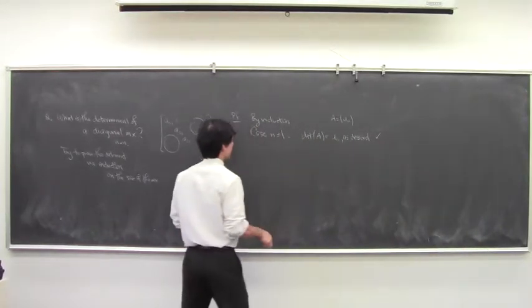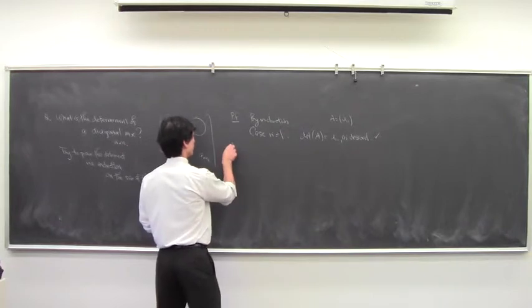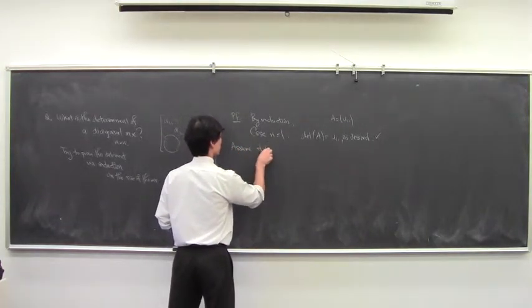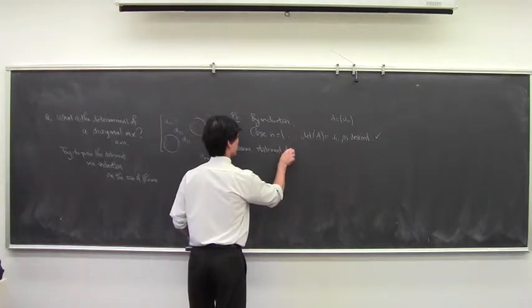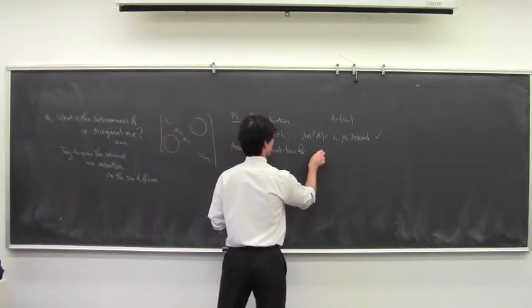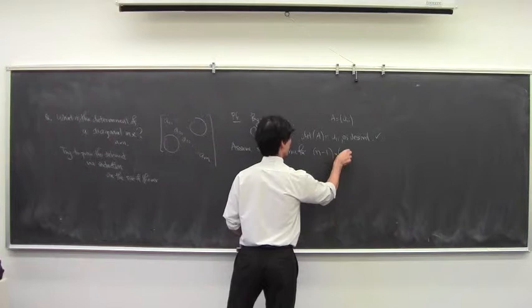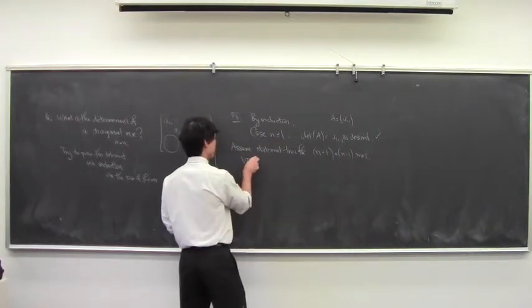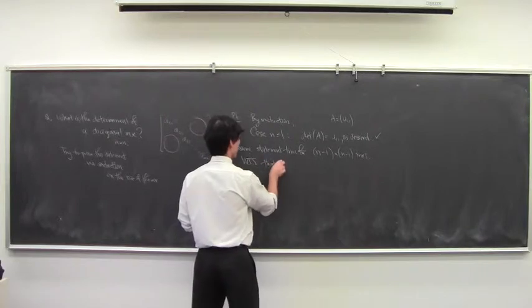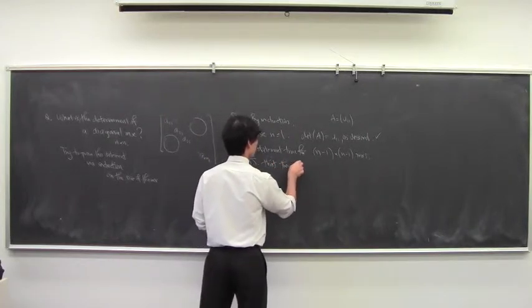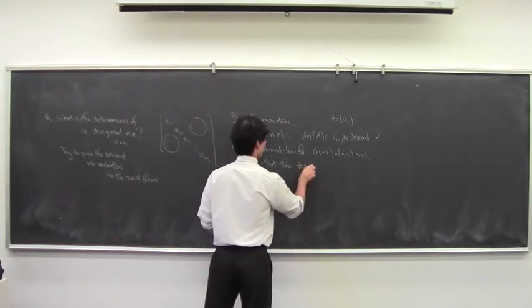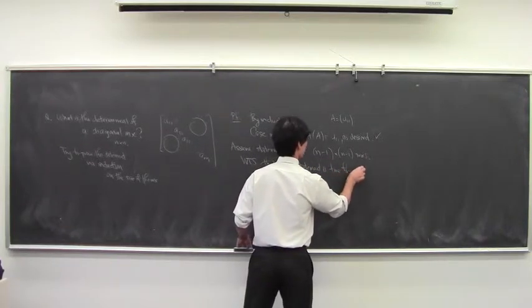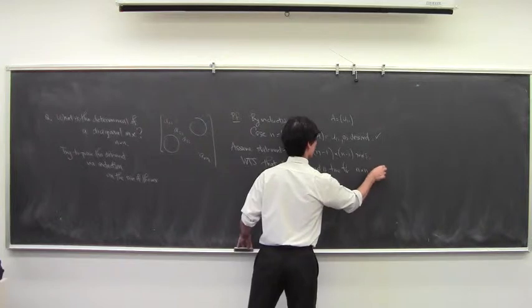Okay. So then, assume the statement is true for n minus 1 by n minus 1 matrices. I want to show that then it's true for n by n matrices.